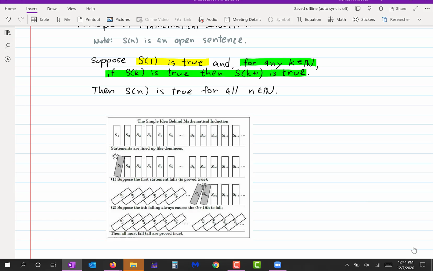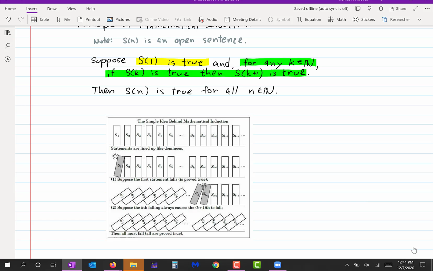If you have both of those together, if you push over the first one manually and each one knocks down the next, then they will all fall down. Right? It makes sense when you think of it like that.